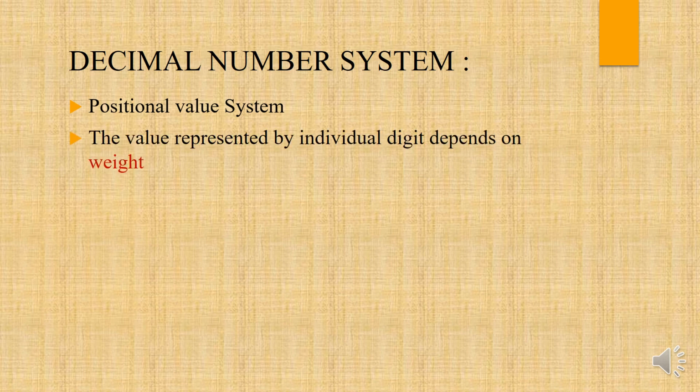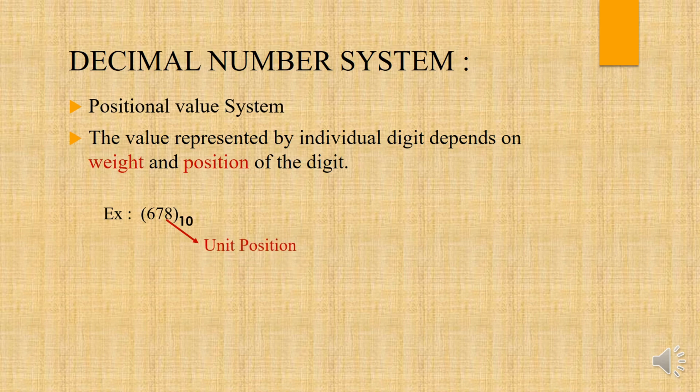Because the value represented by an individual digit depends on the weight and position of the digit, right? Meaning what the position of that particular digit is. We'll see by one example, like there is a number 678. Okay, so here if we check, we can find that 8 is at the unit position, right?